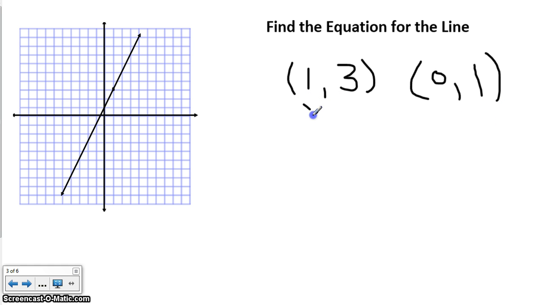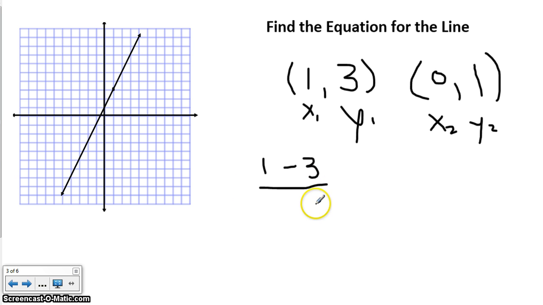And then you have an x1 and a y1, and you have an x2 and a y2. Now you're going to take the y2 minus the y1 over the x2 minus the x1.